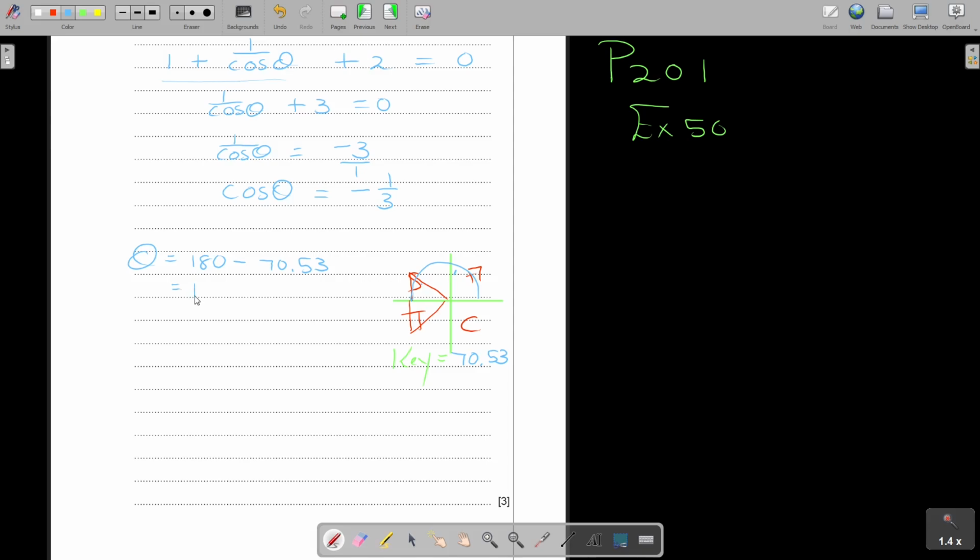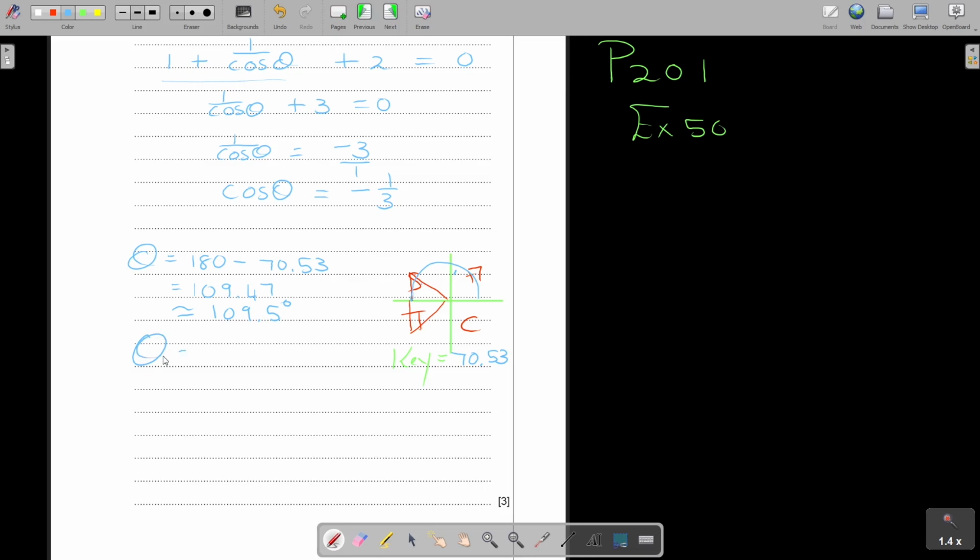You can still write the full working, so you can still say 180 minus 70.53. It was 109.47, but it must be 1 decimal place, so 109.5.